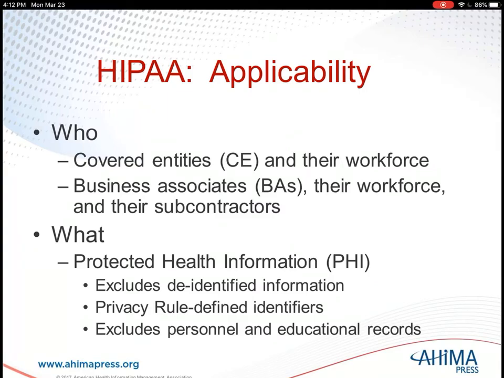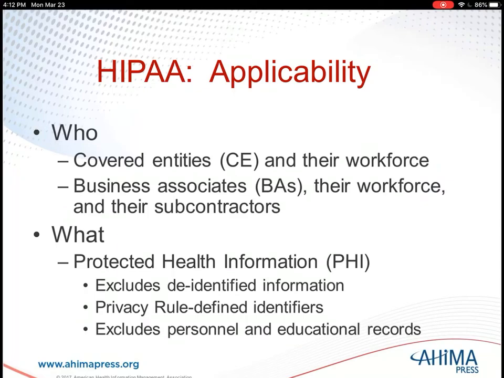We're still talking about the privacy rule, and we're moving on to Section 10.2, which starts at the bottom of page 210. And we're talking about HIPAA applicability. So we're talking about the first element of who and the second element of what. So who does HIPAA apply to?